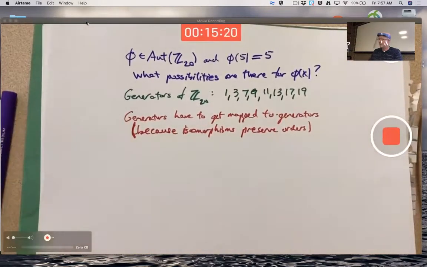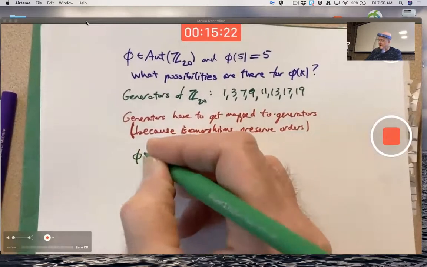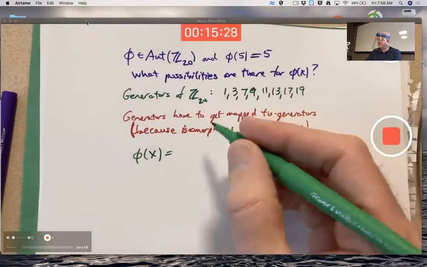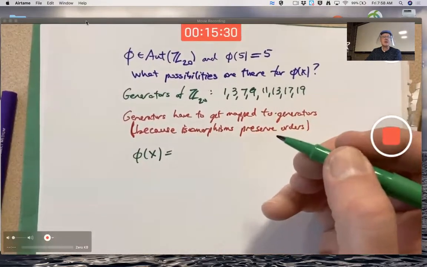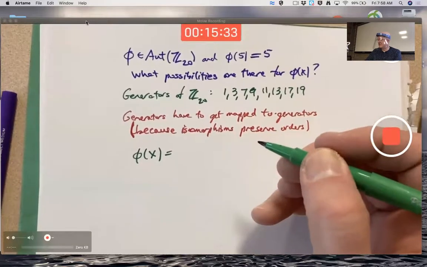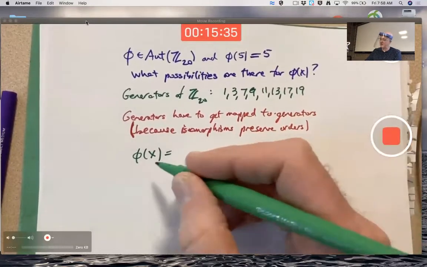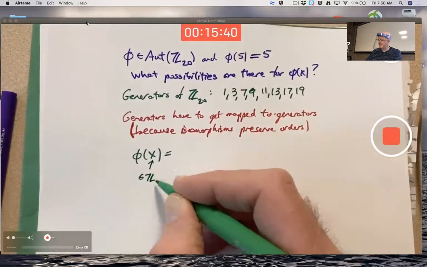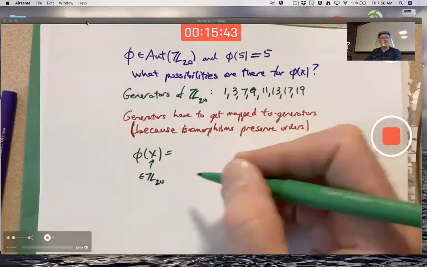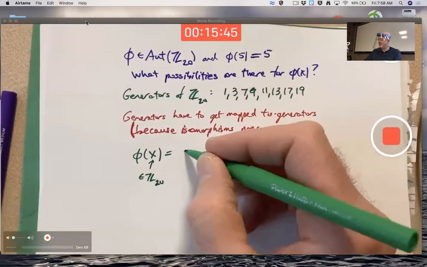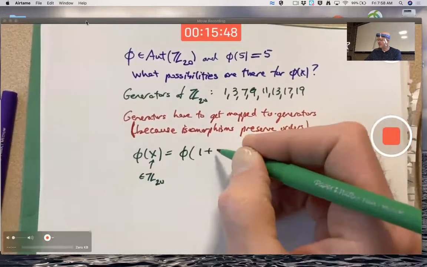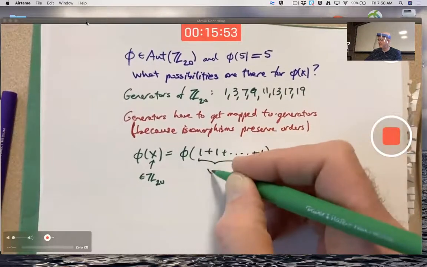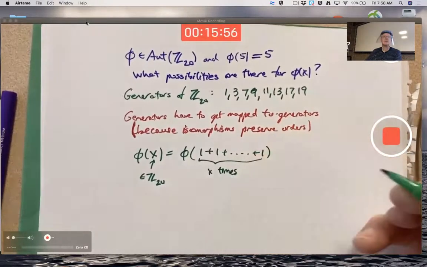Another thing that's worthwhile to think about is this. The fact that phi is an automorphism, again, meaning an isomorphism from Z20 to itself, means it's operation preserving. And since the operation in Z20 is addition, that means if I have an arbitrary element x from Z20, I can think about finding phi of x by adding 1 to itself x times and applying phi to that, right?